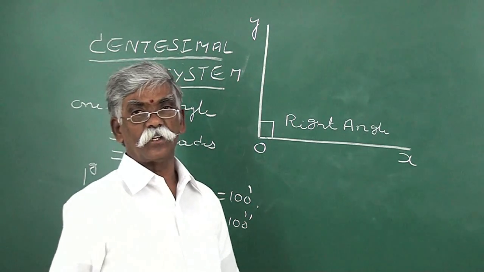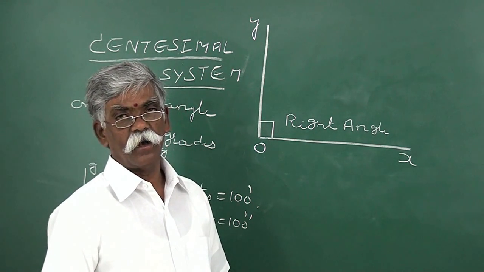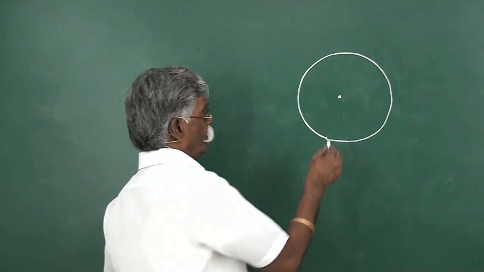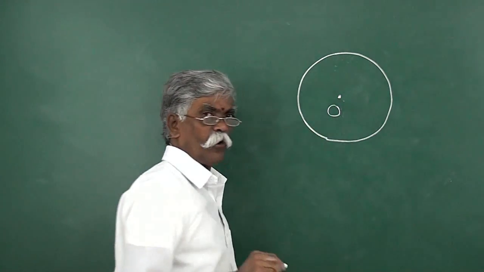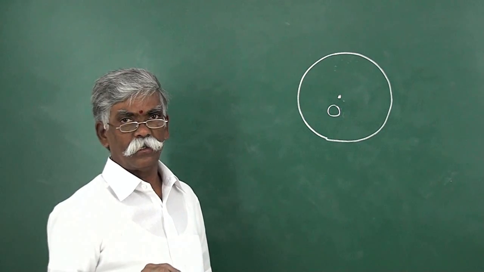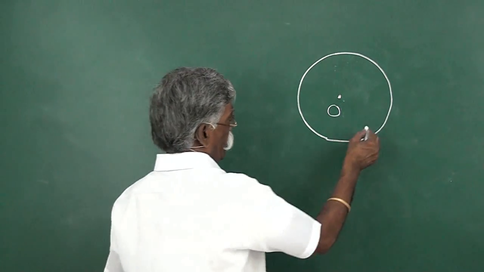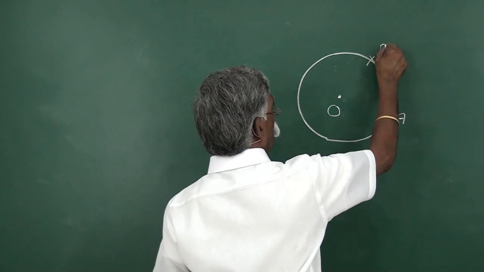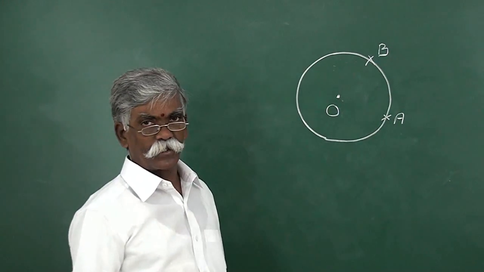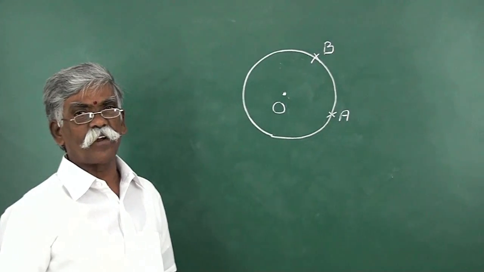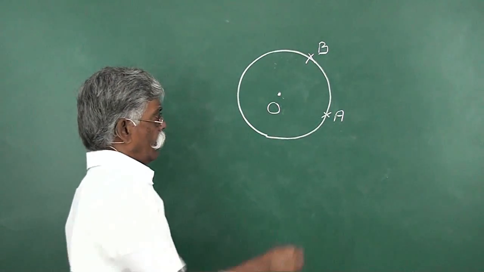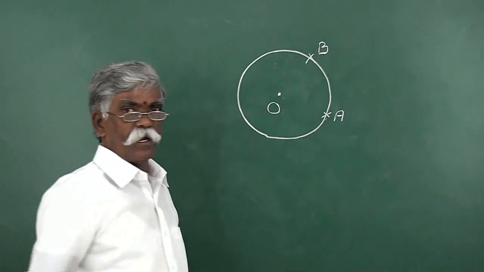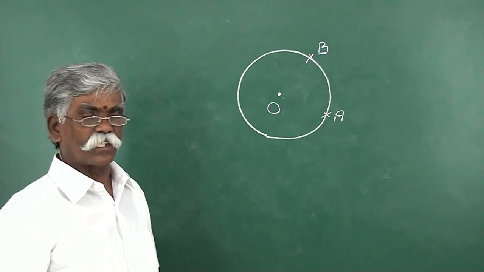The next one is the circular measure or radian measure. Let this be a circle with center O and a radius small r. Let A and B be any 2 points on the circumference of the circle, and in particular this curve AB is called the arc of the circle.